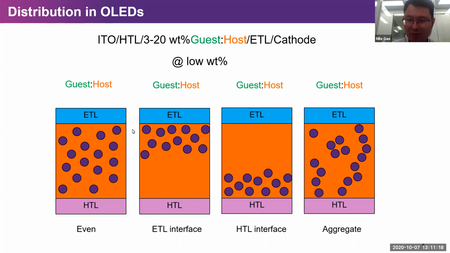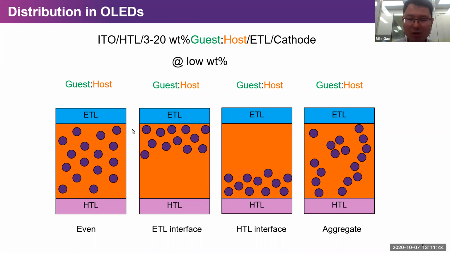Because the guest distribution in the emissive layer will greatly affect how it performs. For example, whether they are distributed evenly, or accumulate near the electron transport layer or at the bottom, or aggregate. But it's difficult to identify the specific position of RP in the host just from experiments.